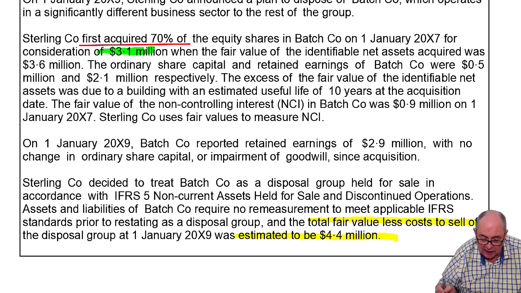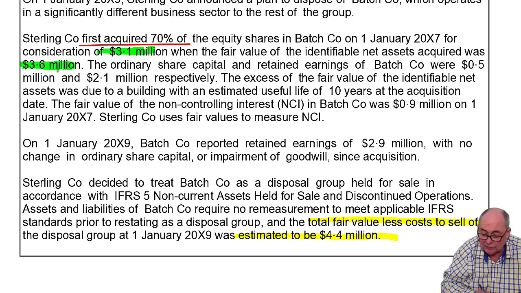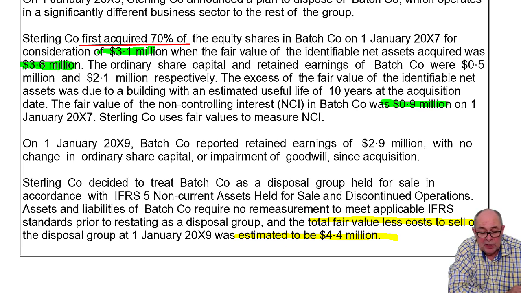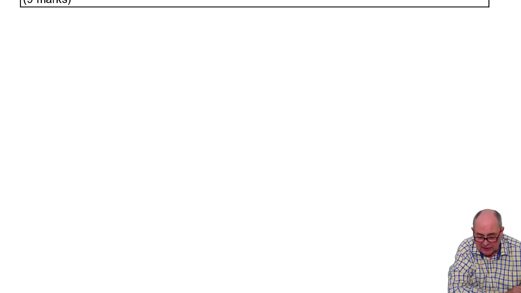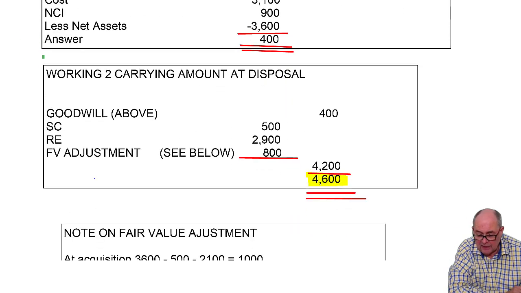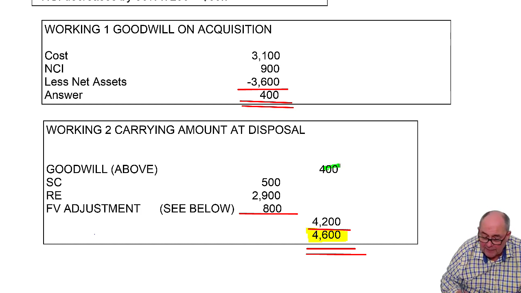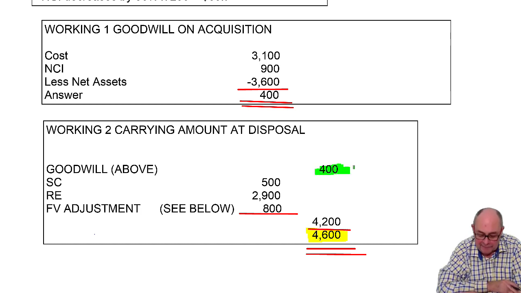The net assets were 3.6 at fair value, and the NCI was 0.9. So goodwill, 3.1 plus 0.9 minus 3.6. There it is, 400.